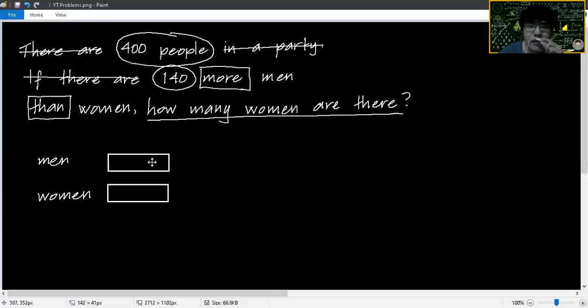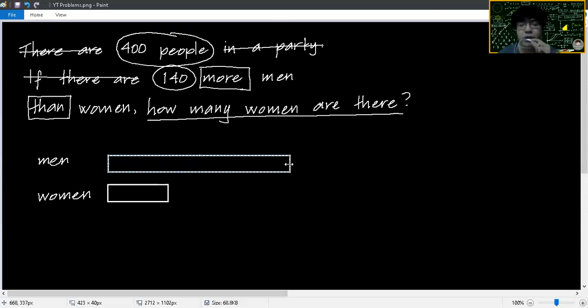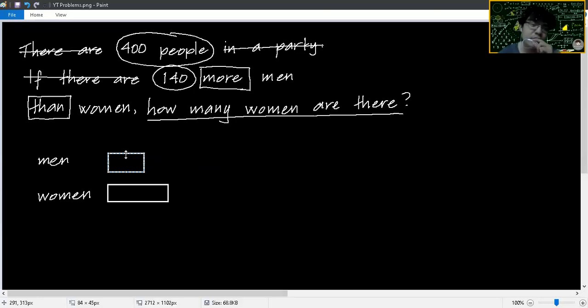What you will see here is that they have the same measurement, meaning the same value. But unfortunately, the number of men is greater than women. If the number of men is greater, it must be longer. But if it is fewer, of course, it must be shorter. That is the rule of our tape diagram. So you have to make it longer.